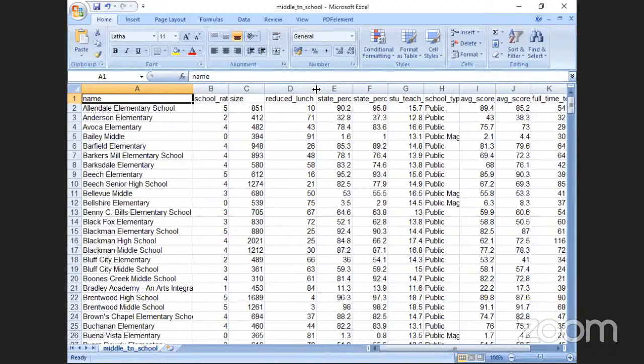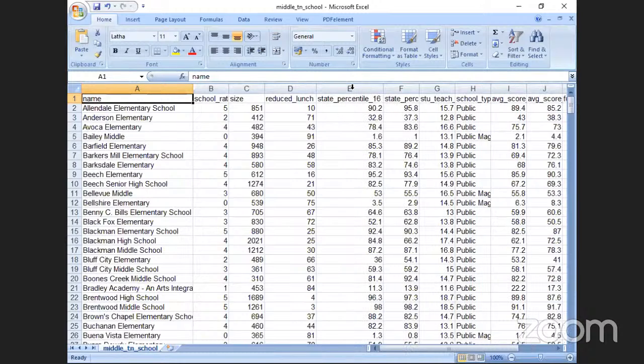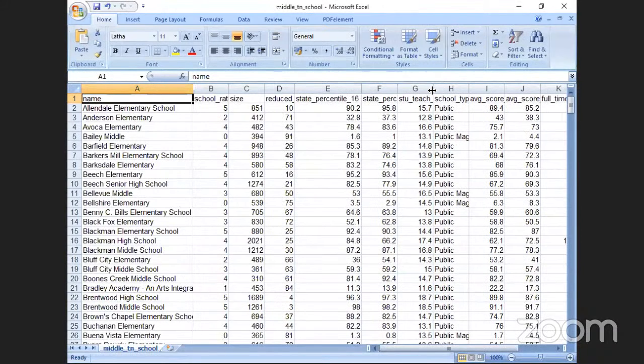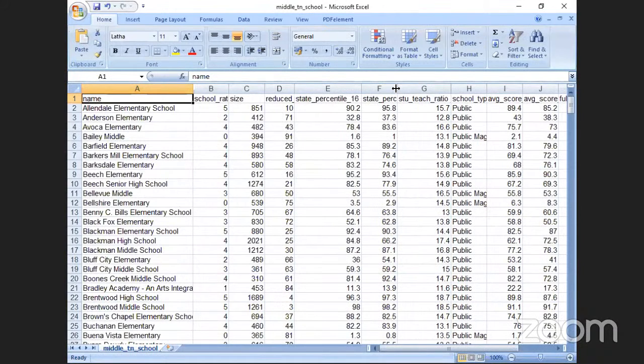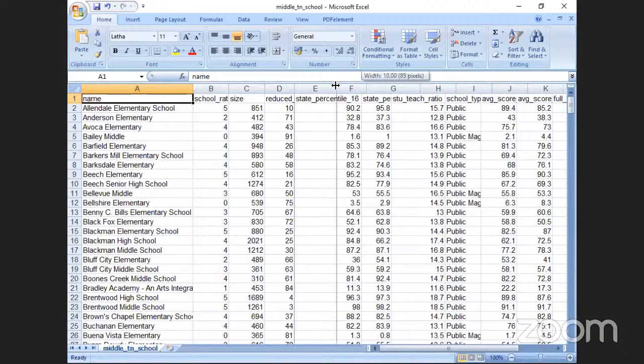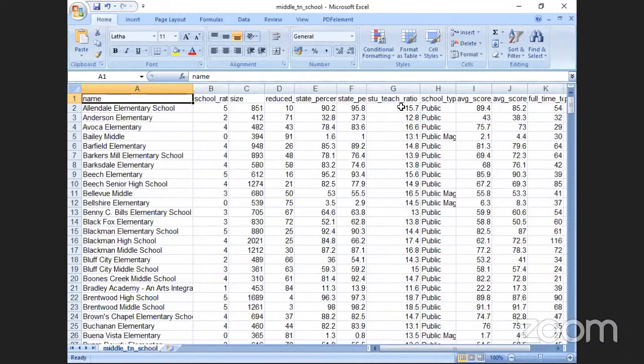Reduced lunch is a scheme where poor people were identified and they were given lunch in order to motivate them to come to school. So that is one parameter, the percentage with respect to that state. Then student-teacher ratio is another parameter.